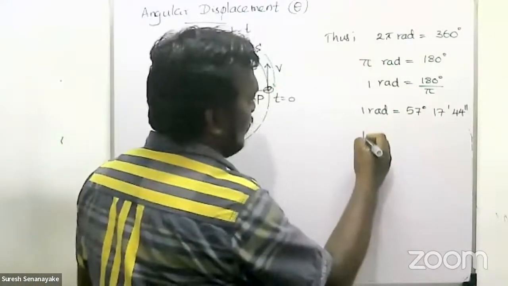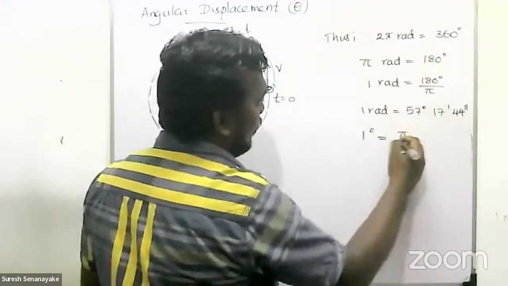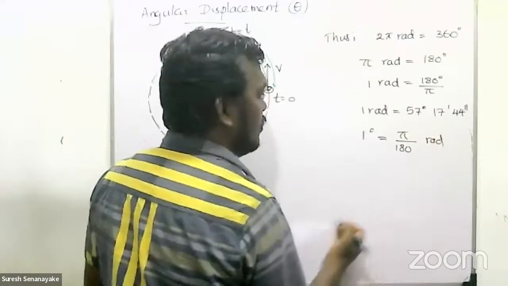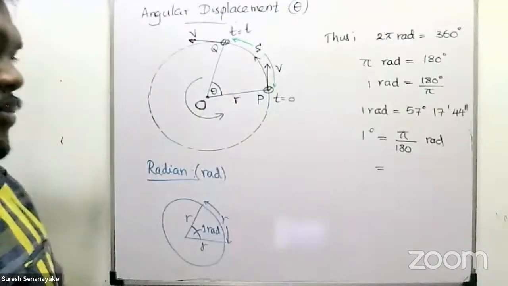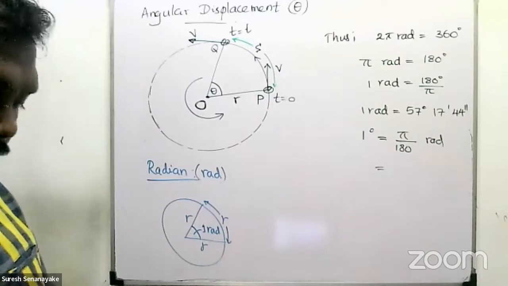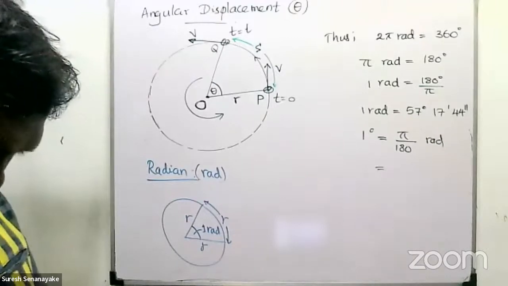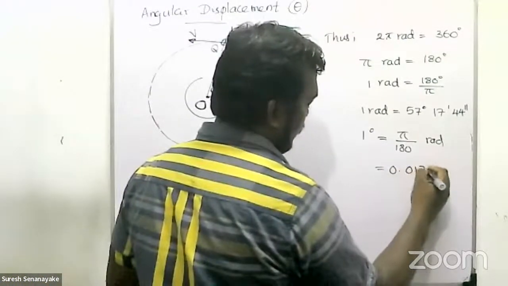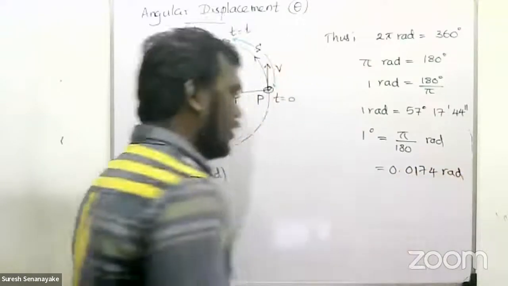The other way around, you can write that 1 degree equals pi divided by 180 radians. The value is about 0.0175. More precisely, 0.0174 radians equals 1 degree.